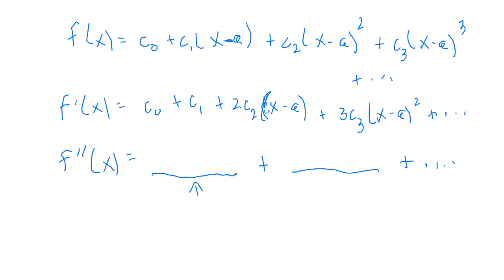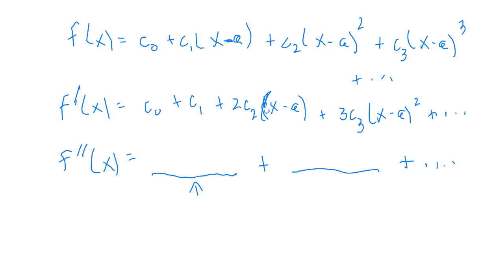I'm talking non-zero entries. So I'm taking the derivative of the first derivative of my function to get the second derivative. What would the second derivative equal?